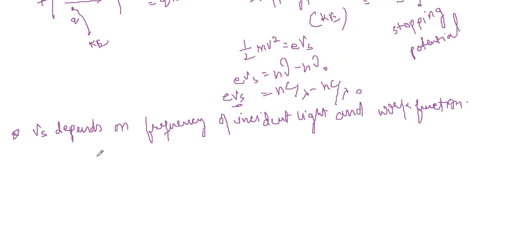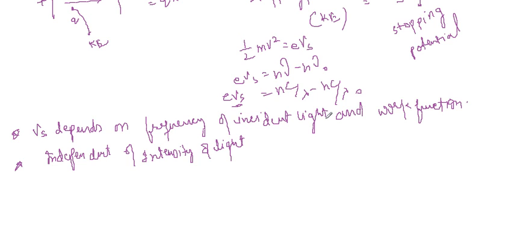The value of stopping potential is independent of the intensity of light. That doesn't depend on the intensity of light.